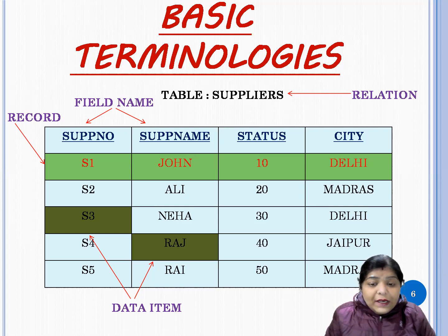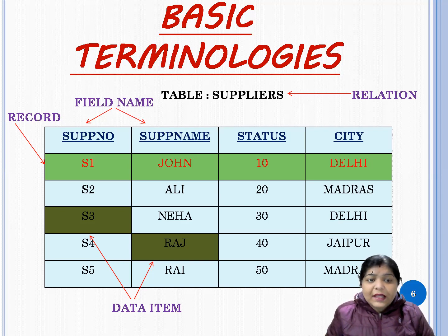Okay. And what is the name of the table? Here the table name is supplier. That is known as a relation. So this is one of the simplest terminologies used in SQL.